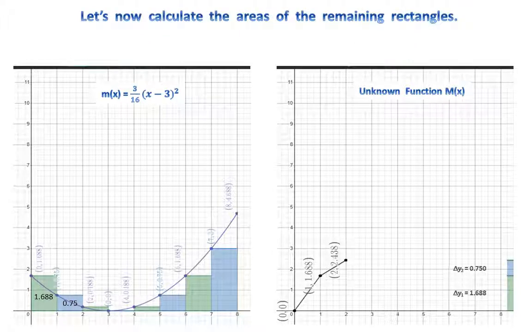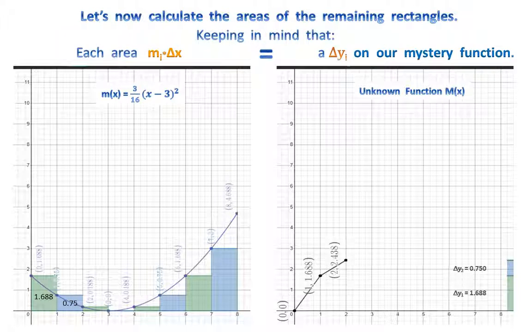Let's now calculate the areas of the remaining rectangles, keeping in mind that each area on the left is equal to a change in y of our mystery function on the right.